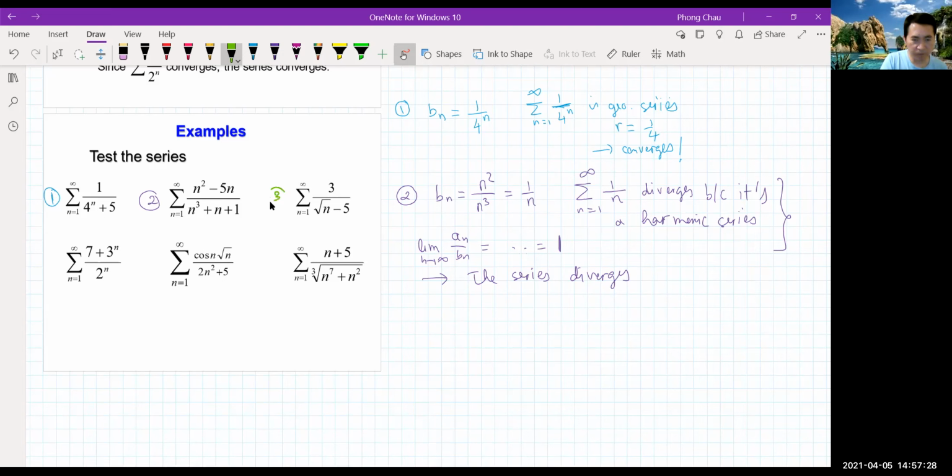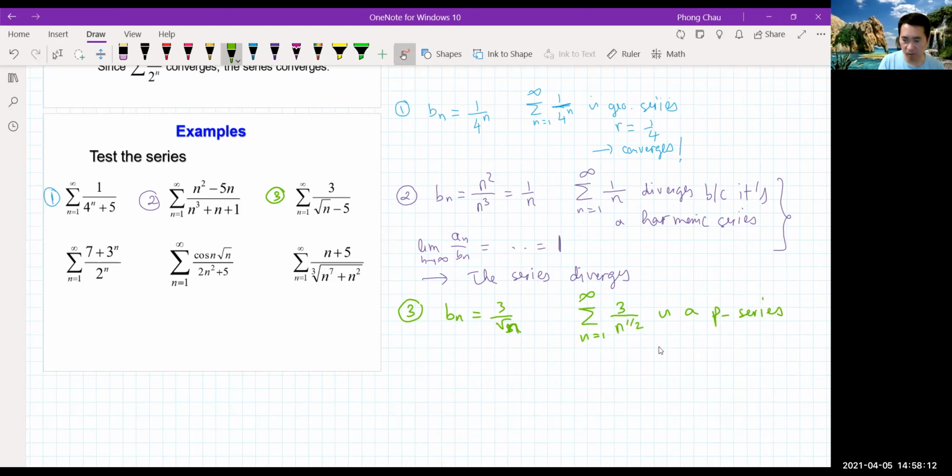The third series here, number 3, is the same. You see, you just follow the guidelines. That's a 3 in the top, right. Just leave it there. Bottom, drop the extra term. You're going to find that is n. So the b sub n series we have is 3 over square root of n, or n to the 1/2. So when you write the half, you can recognize this series is a p series.